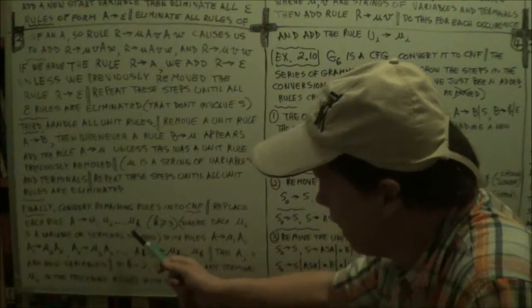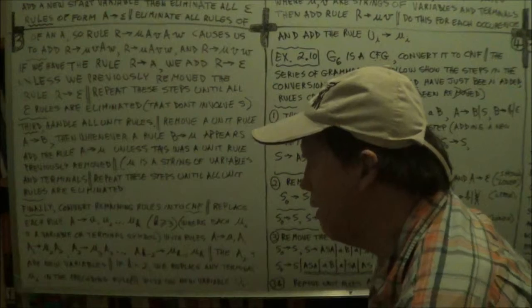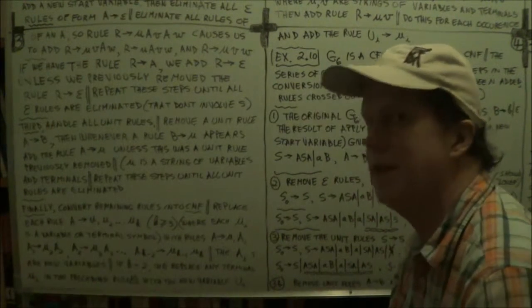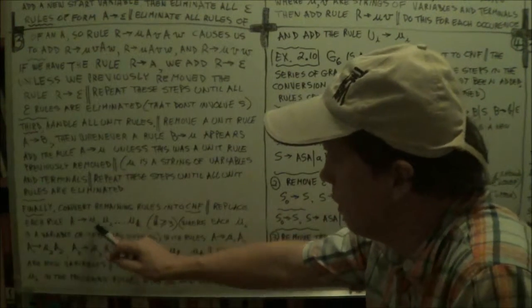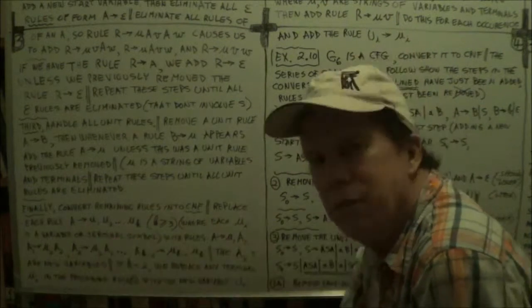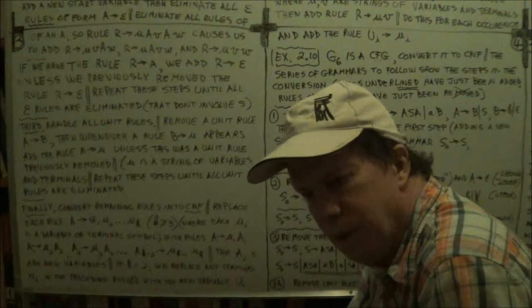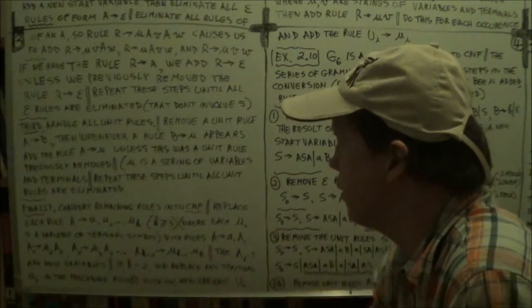Okay, now in general, let's say you've got k symbols on the right hand side. So u1, u2, ... uk. And these are symbols, meaning they could be either a variable or a terminal. Okay? So we've got k of them.